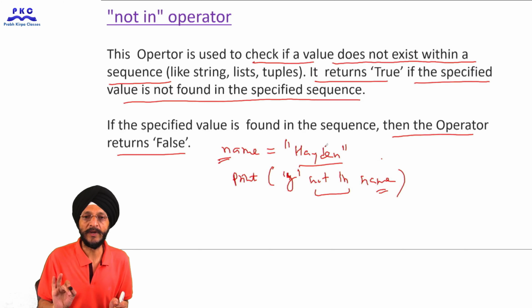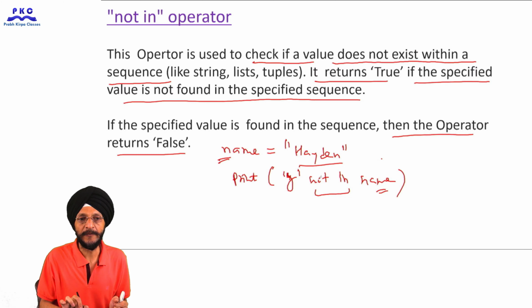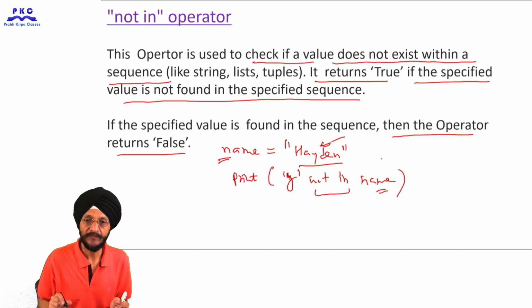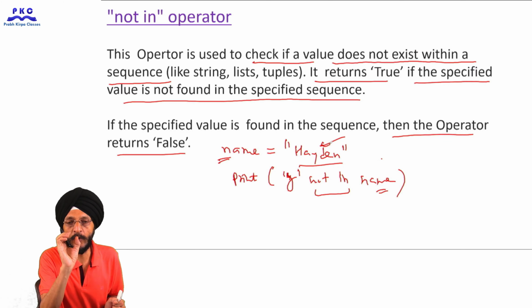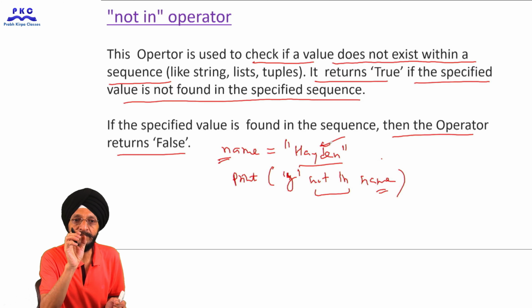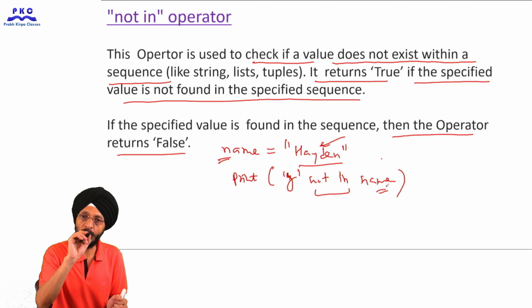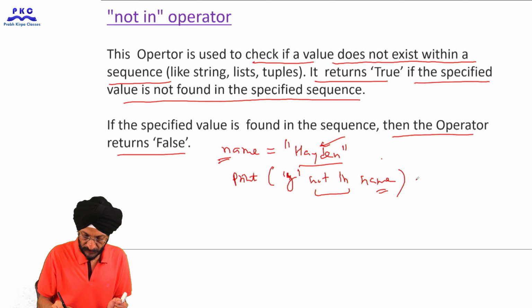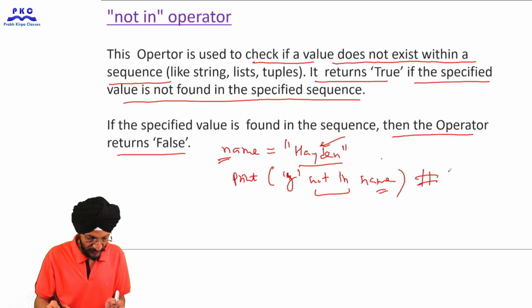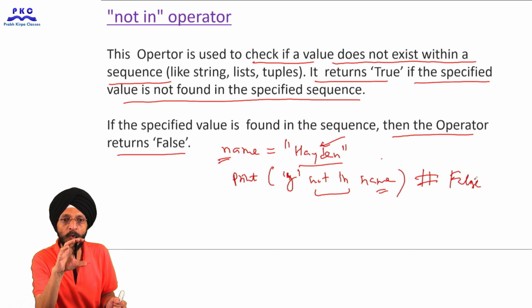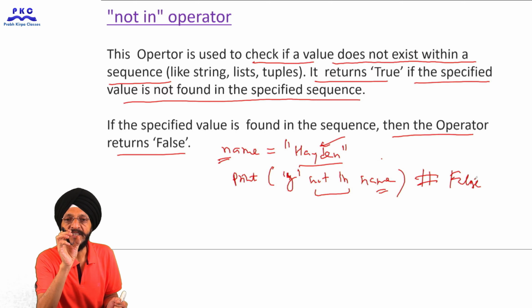Here you can find that y is present in the variable name. Now we are using the not in operator: whether y is not in name. Because y is present, what will be the output? The output will be false. The not in operator gives false because the substring y is present in the string hidden.